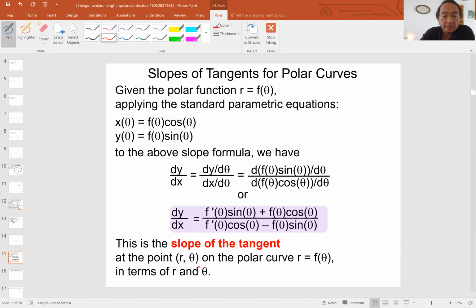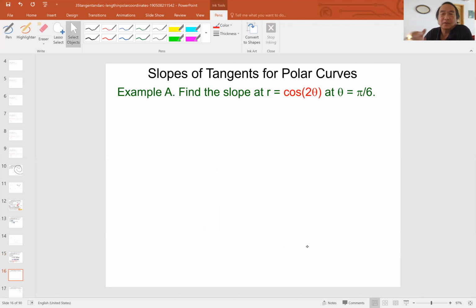Our theta over here is in polar coordinates, and we plot x, y, and the slope of the tangent is now in x, y coordinates.